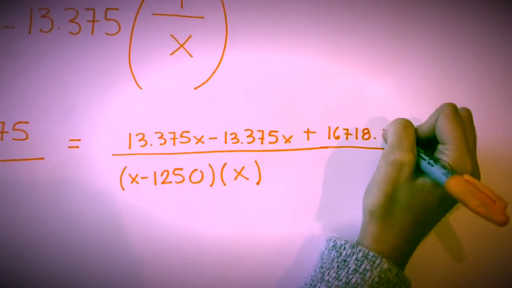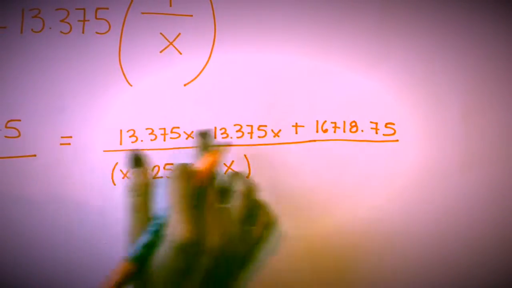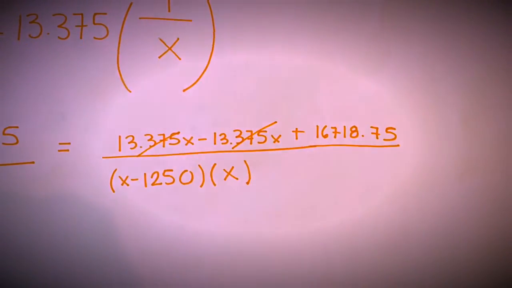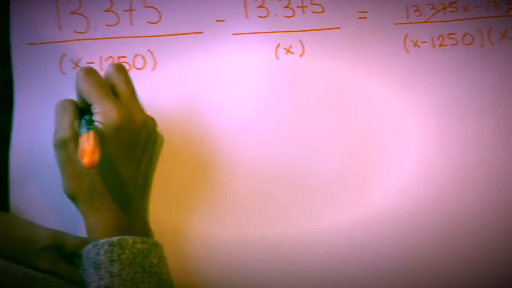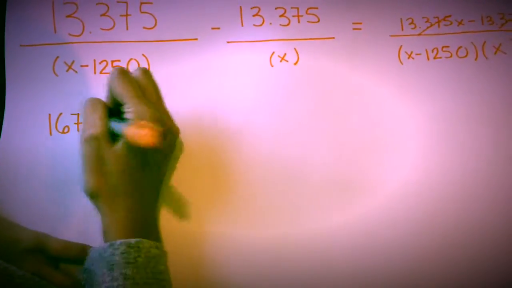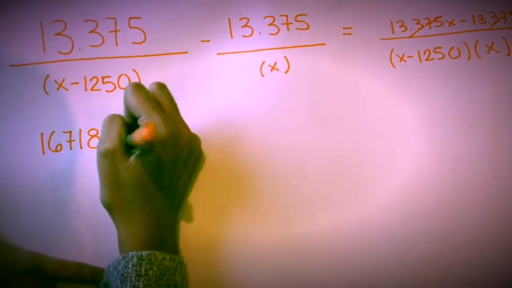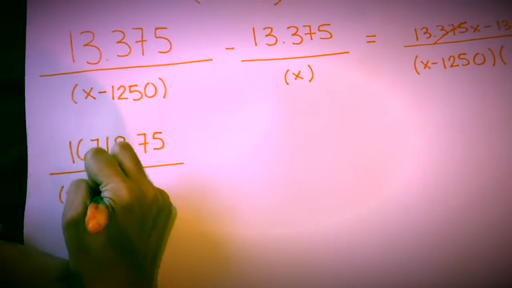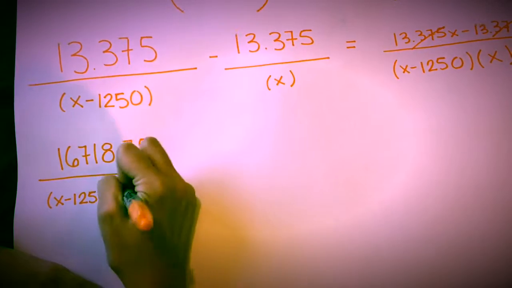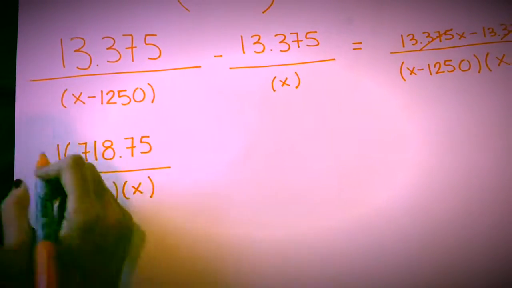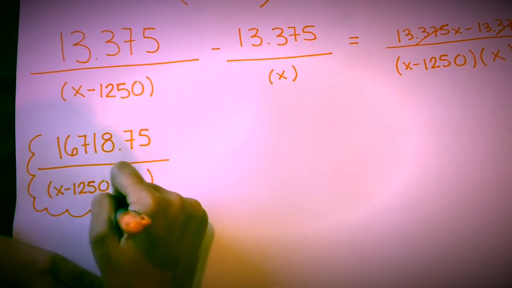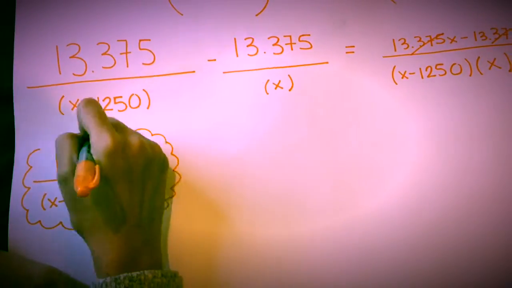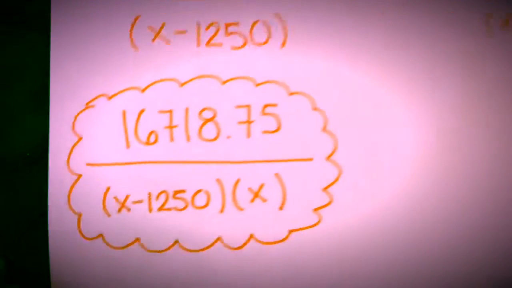That gives me minus 30.375x plus 16,718.75. So that's how we get our derivative. Our derivative is 16,718.75 over x minus 1250 times x. That's our derivative.